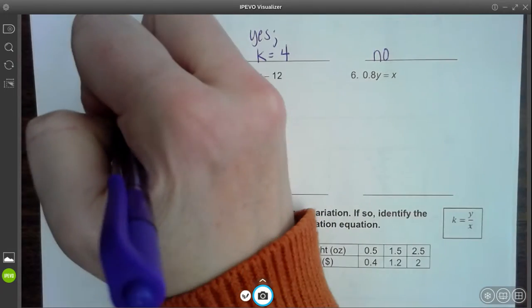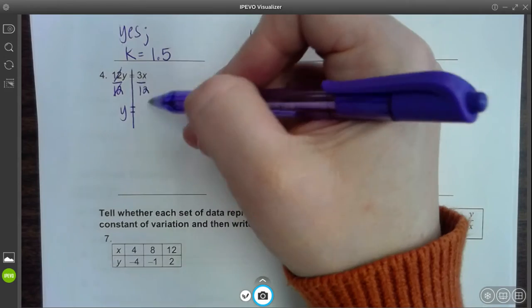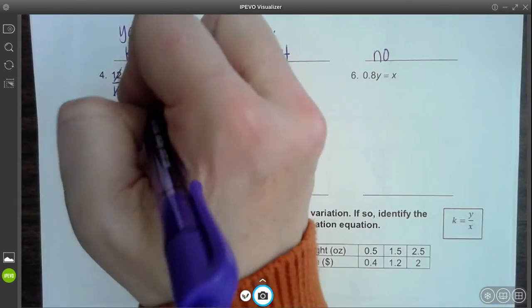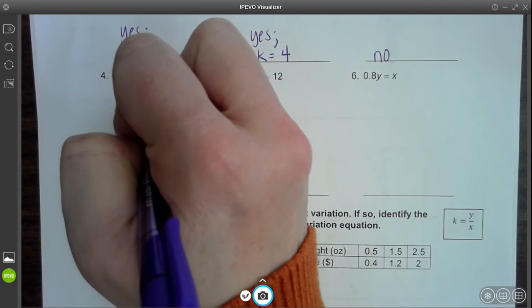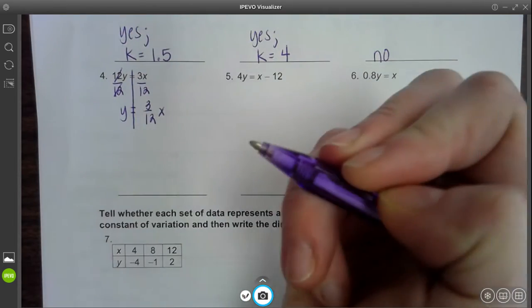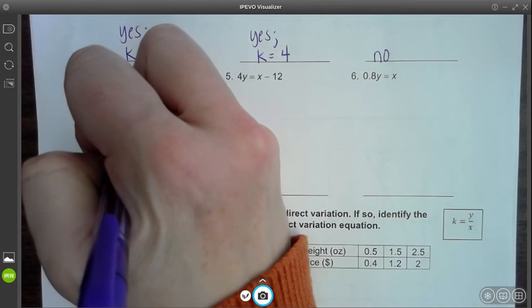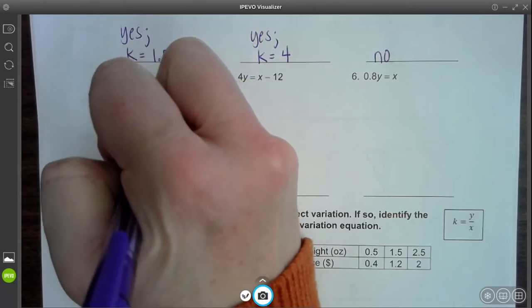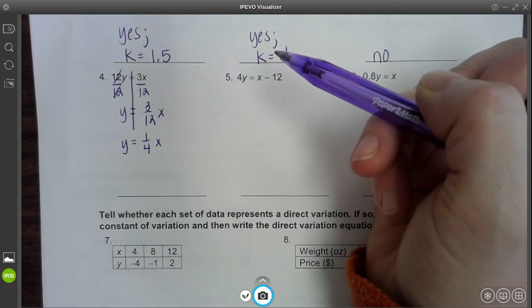And I'm going to be left with y equals, and again, I can always bring the fraction part out in front of the x. Instead of writing it as 3x over 12, we can write it as 3/12 x. Now, if you go into Desmos and you simplify this, it's y equals 1/4 x. 3/12 simplifies to 1/4.